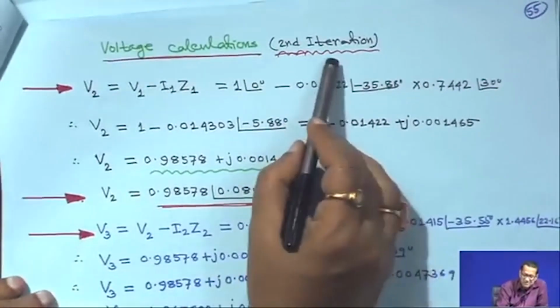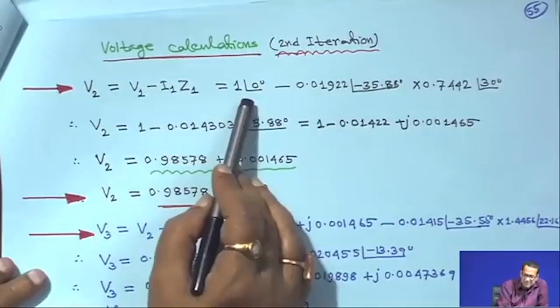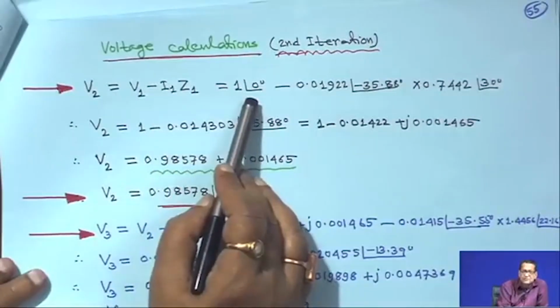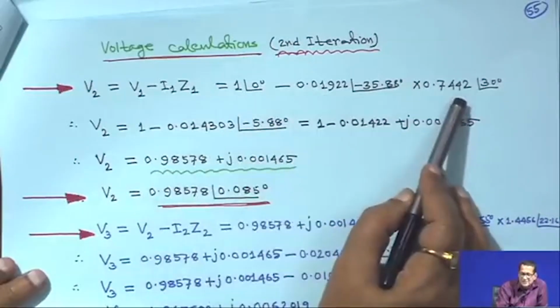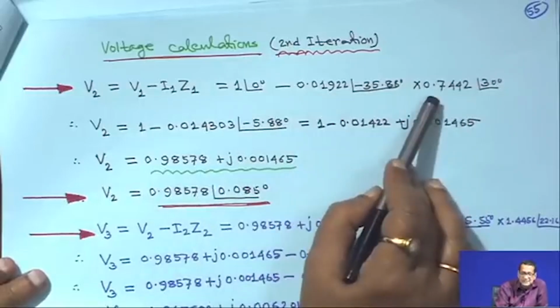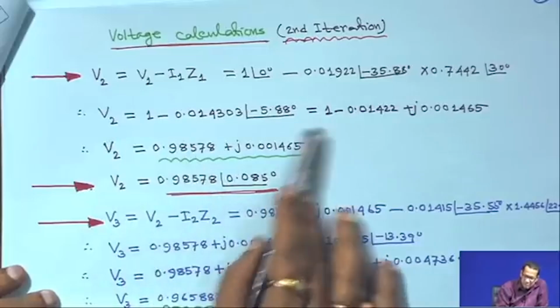Voltage calculation for the second iteration: V2 is equal to V1 minus I1 Z1. V1 was known to us as the slack bus voltage, 1 angle 0, I1 is this much, which we have computed, and Z1 is already known to us. So, multiply and simplify, and you will get V2. Just do it yourself.